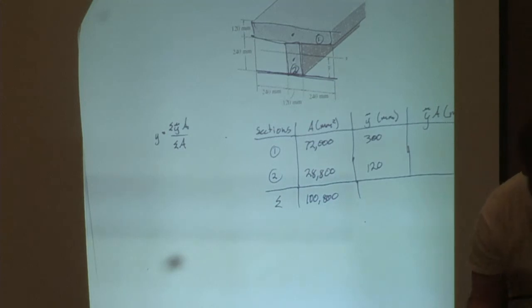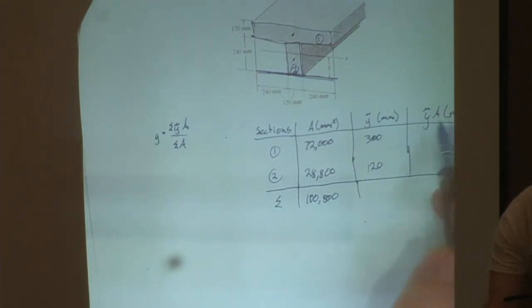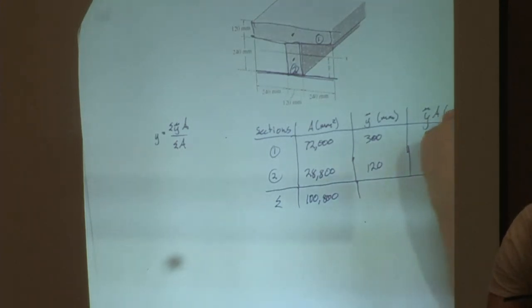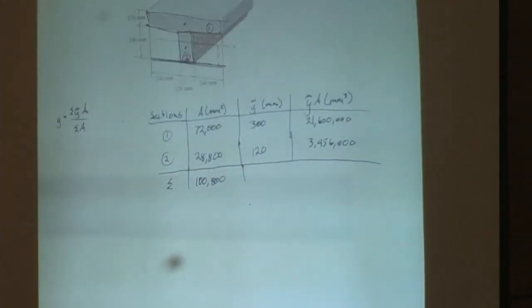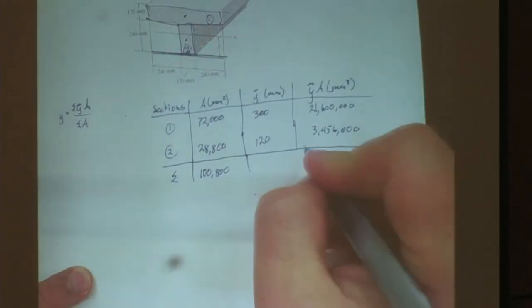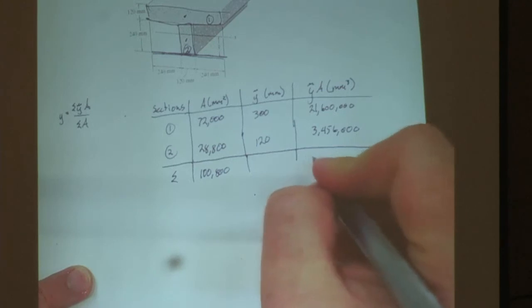All right, and then as you see in the nice chart, y squiggly times area. So since we kept it in millimeters, let's have a big long number. Oh, one second. There you go. And then the sum.